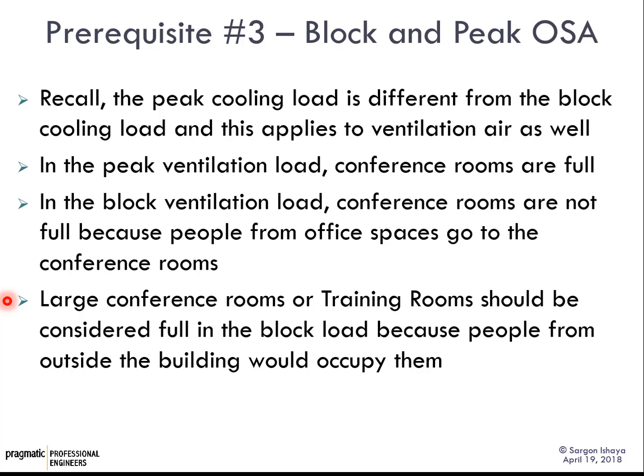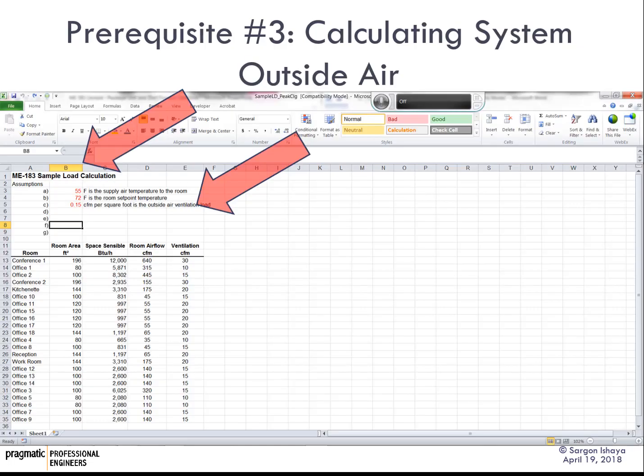So they are going to be coming from outside the building, filling the classroom desks rather. And that is not going to be an occupant decrease in any other area of the building because they're going to be coming from outside the building and sitting in the class. So what's true for the ventilation load is also true for the cooling load, which we learned before with respect to occupancy.